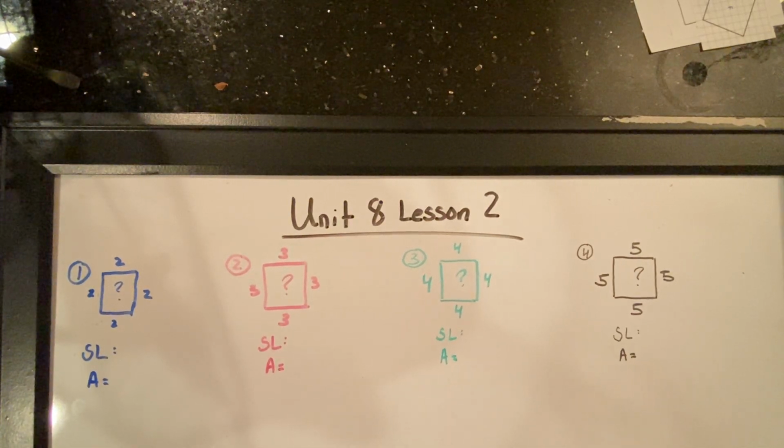Okay guys, so today we're going to do Unit 8 Lesson 2, and this is titled Side Lengths and Areas. So we're going to be looking at the relationship between side lengths of a square and its area.